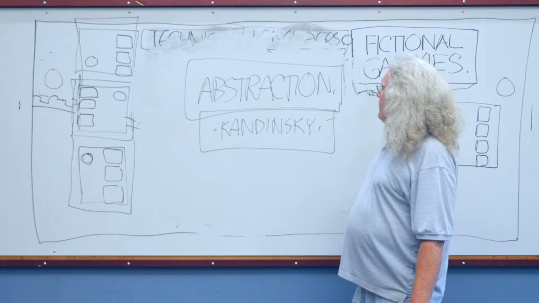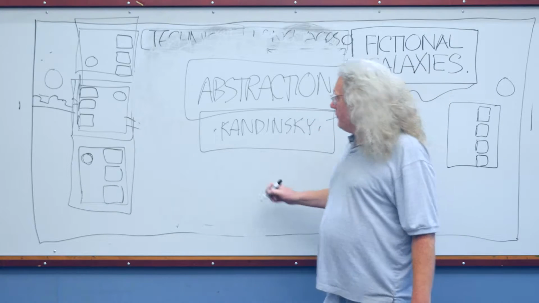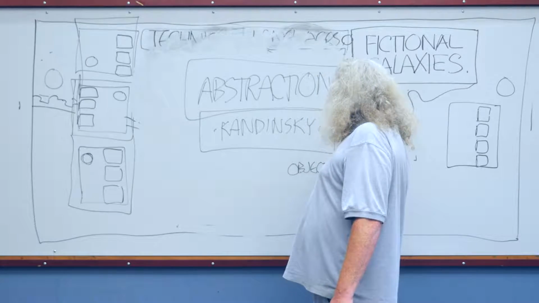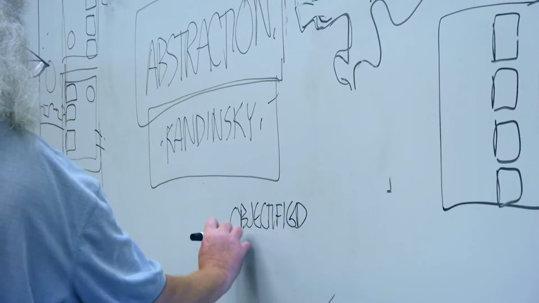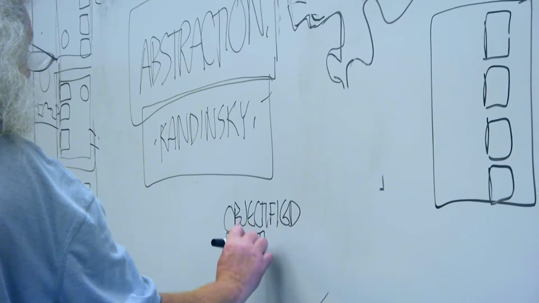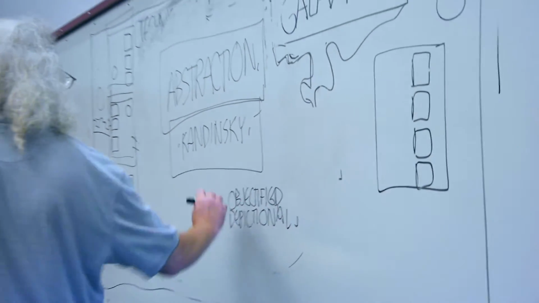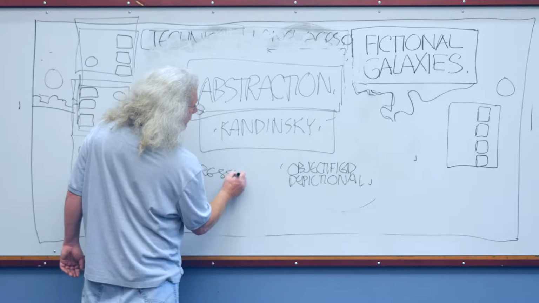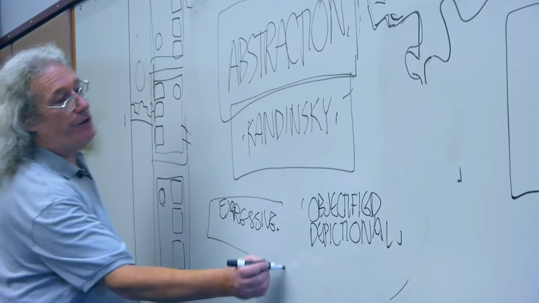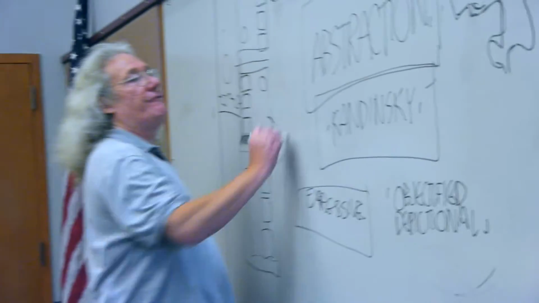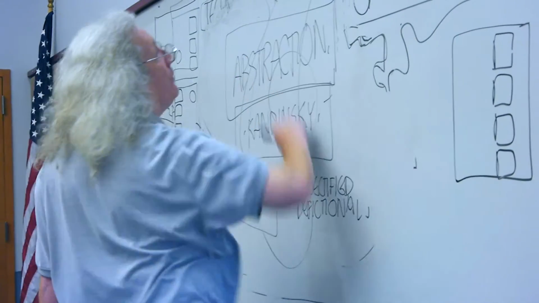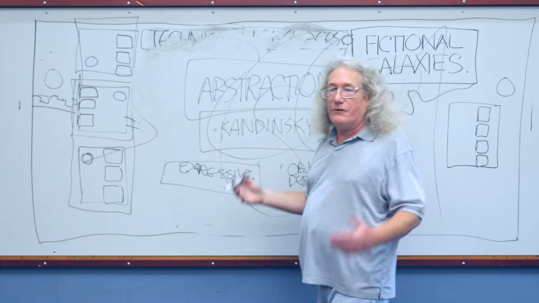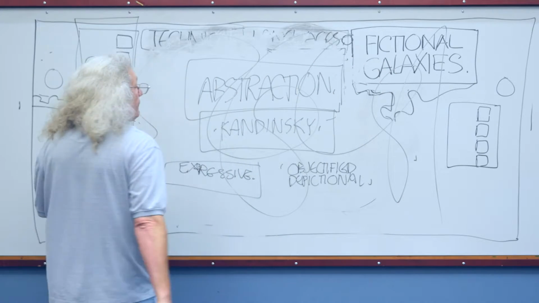Later, other people did things with that, but the issue between what could be called objectified, depictional, representational art versus expressive, abstract art is an interesting one because in the land of now, what's the most fundamental relationship with now? Well, probably one that basically moves with a feeling of abstract expressionism.